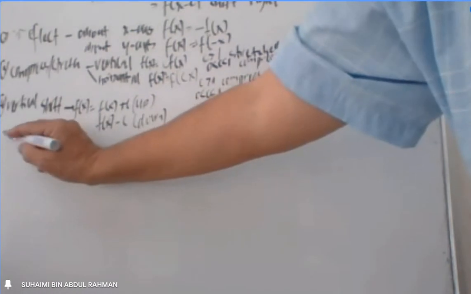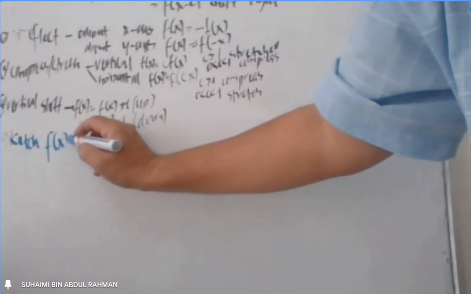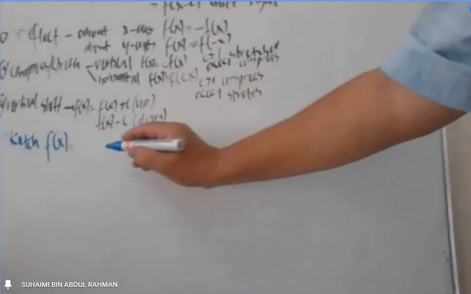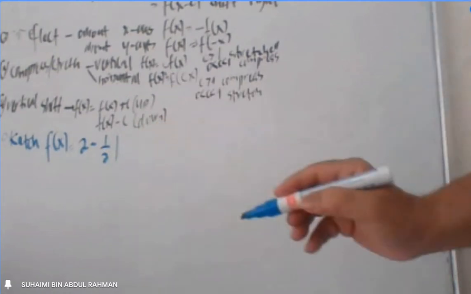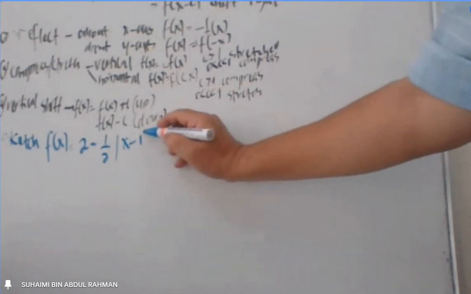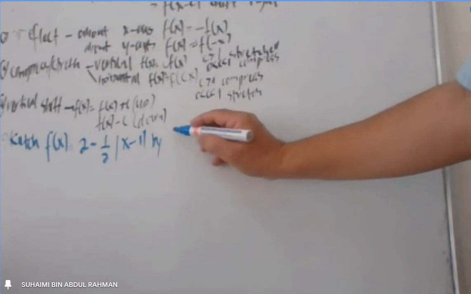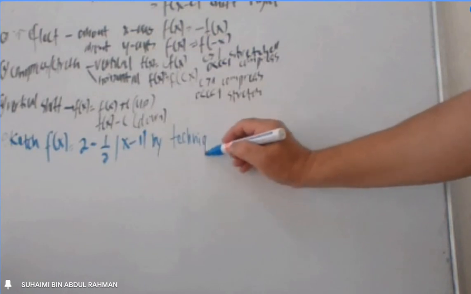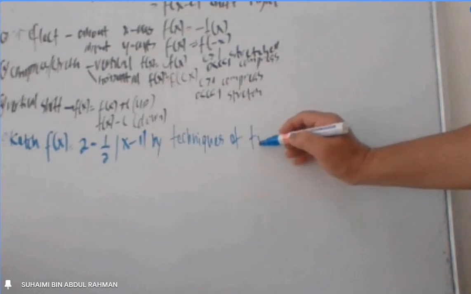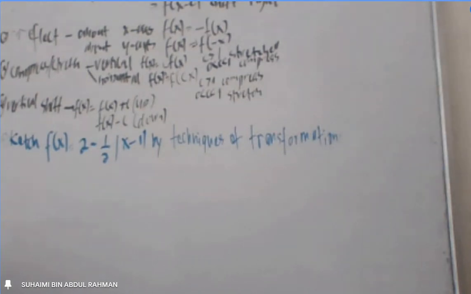For example, sketch the function f(x) = 2 minus 1/2 of the absolute value of x minus 1, by using techniques of transformation.